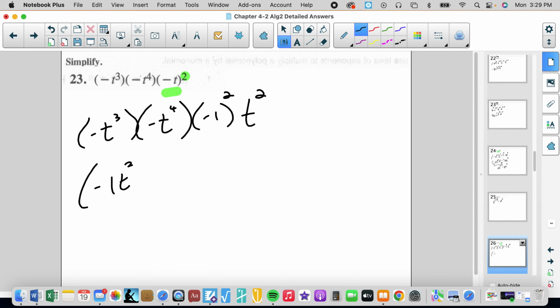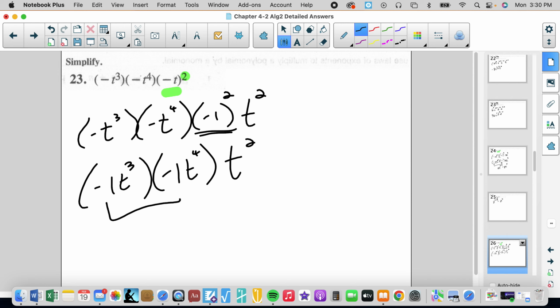Negative 1 t to the 3rd, negative 1 t to the 4th, negative 1 squared is 1 times t squared. Negative 1 times negative 1 is positive 1. We have like bases, so we're going to add those exponents, and that is 7, 8, 9, t to the 9th.